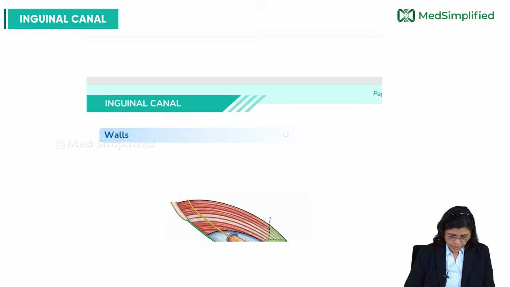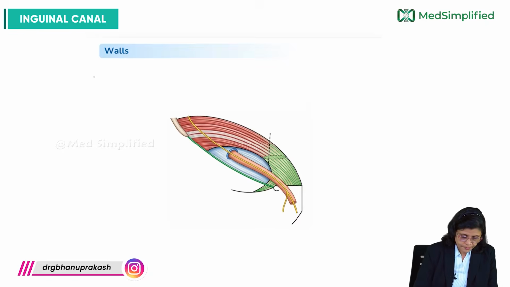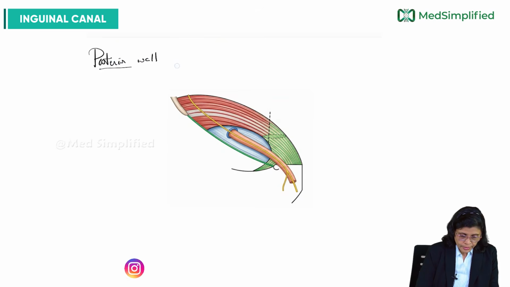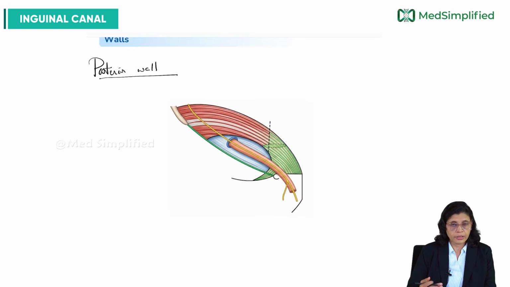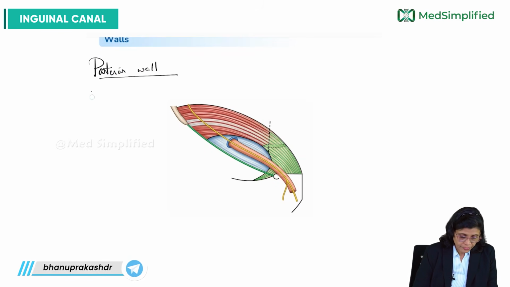So when we come to the posterior wall, it is formed from deep to superficial. First will be the fascia transversalis. So the entire extent there will be fascia transversalis.